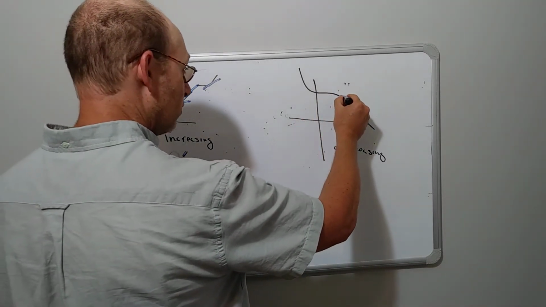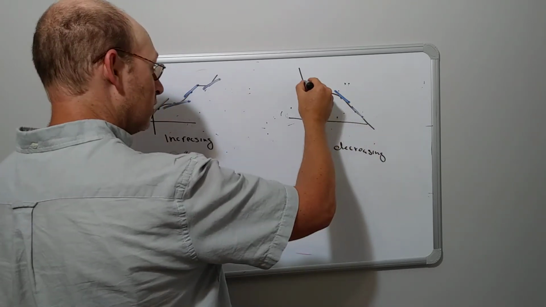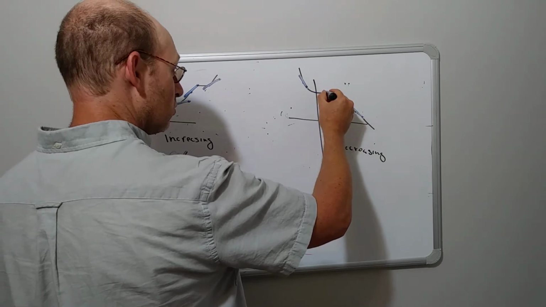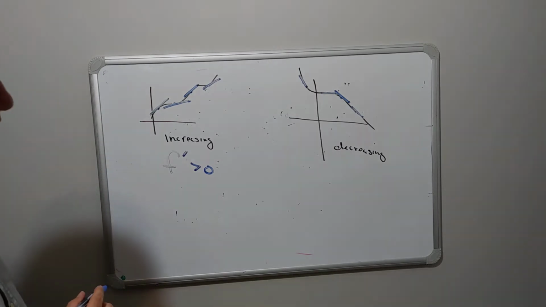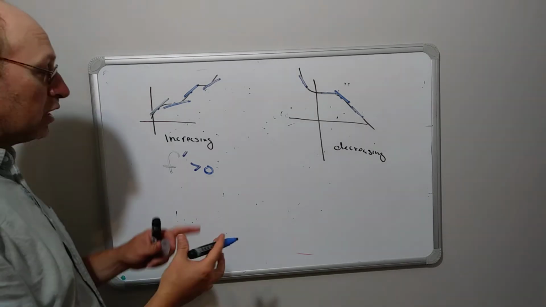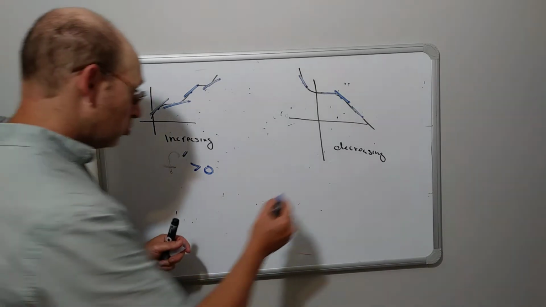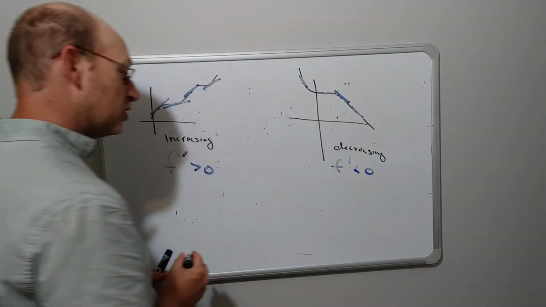On the other hand, this is a decreasing function, and if you look at the tangent lines, you can see that generally they're decreasing and the slope of the tangent lines are negative. So the conclusion here is that f prime is less than 0.